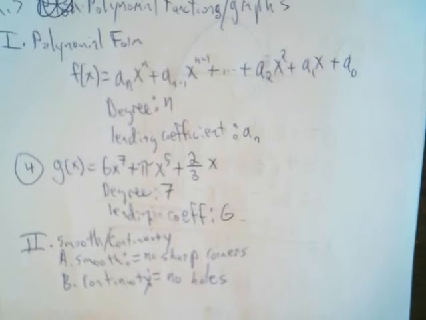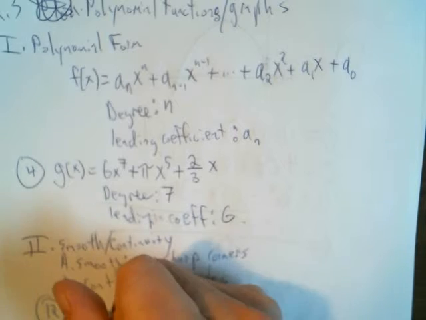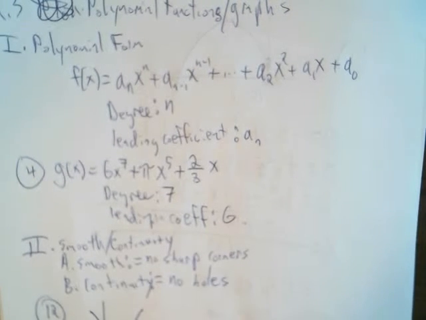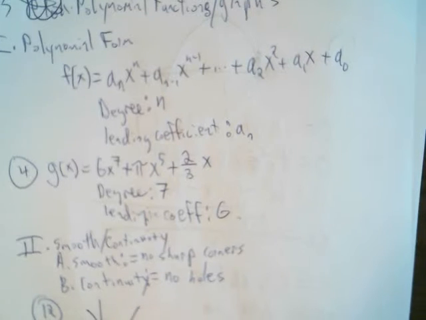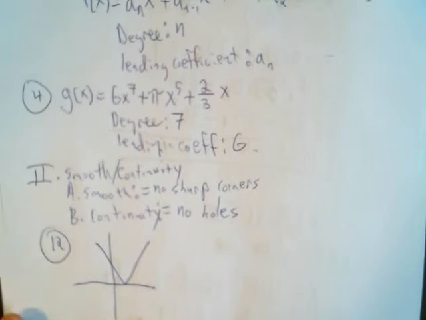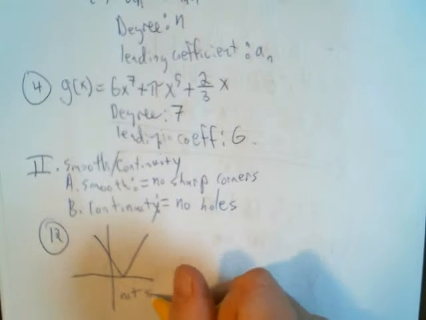Okay. The more classes you take, the more rigorous they'll make these definitions, but in general, you have some example like this that would designate, you would be able to know this is not smooth. Okay, there's a big corner at the bottom of it. Whoops, sorry, I ran off the page there. Right here is a big corner there. So this is not smooth. It's continuous though.